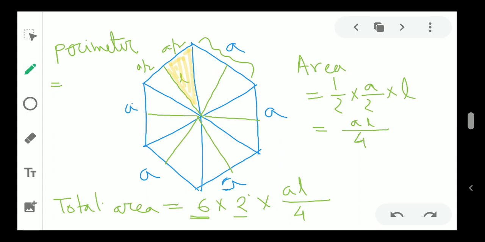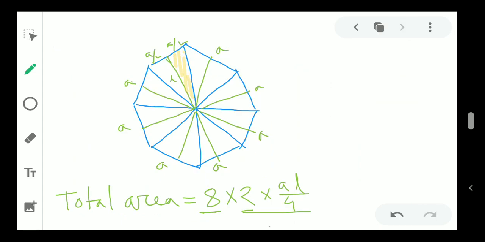So the perimeter is 6 into a. So you can write this equation, this a you can put with 6. So this is 6a into 2 into L by 4. Okay, so I have put this a with 6. Fine, that I can do.